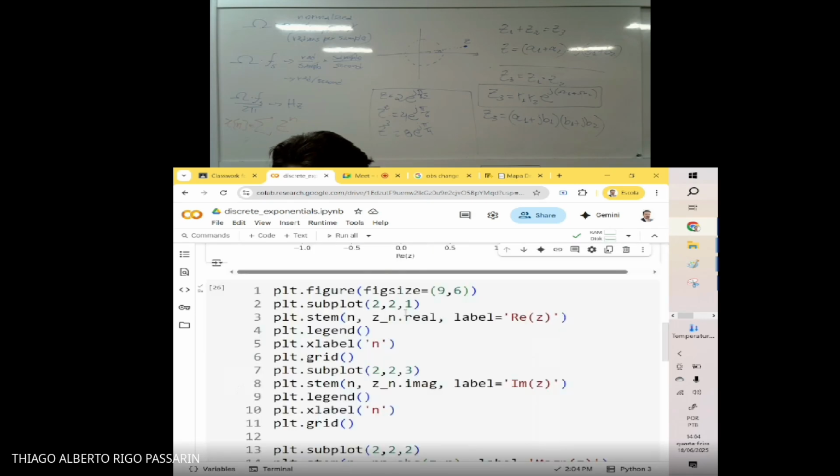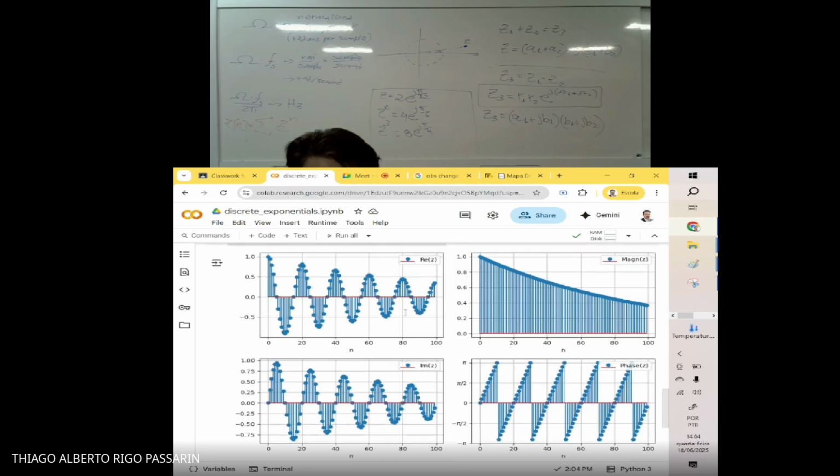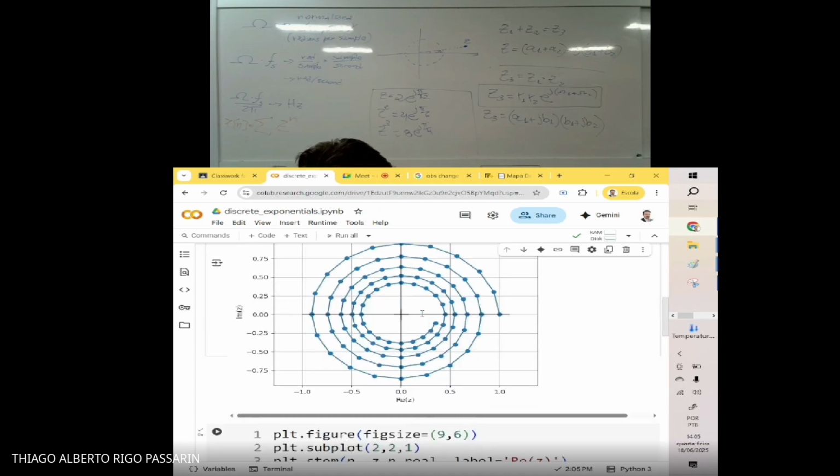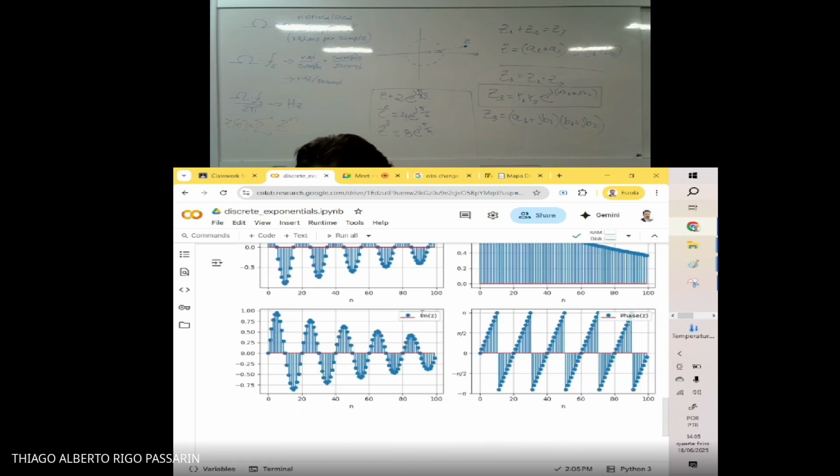If 0.1 is a low frequency and 0.4 is a high frequency, what do you think will be 2.1? Same as 0.1, actually. Same as 0.1.